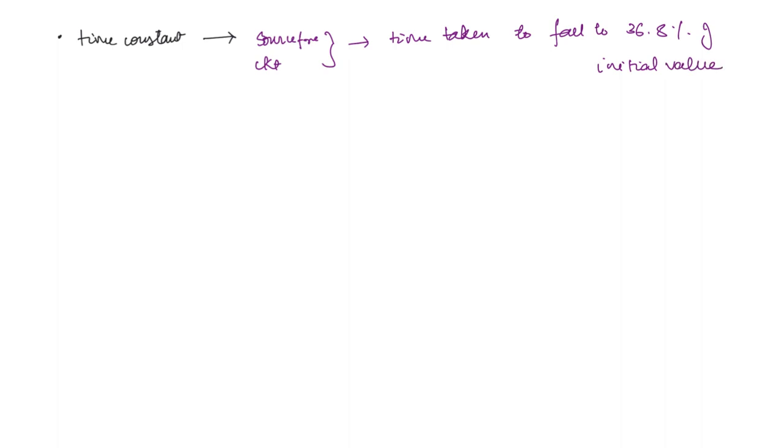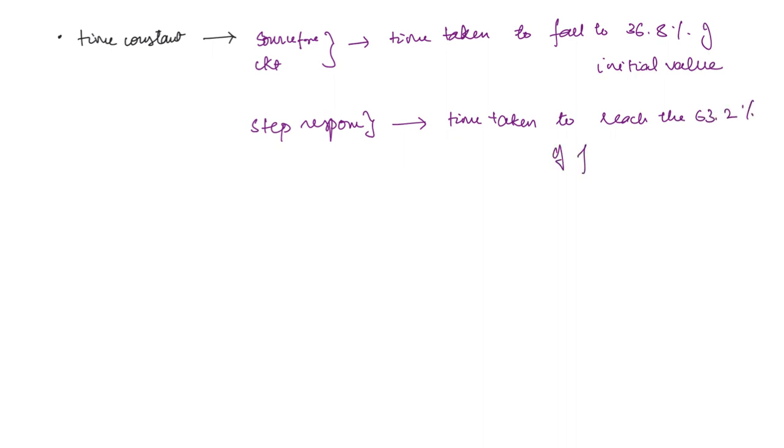Okay, but for a step response, here it is the time taken to reach the 63.2% of final value. Why is this the case? If you remember the graphs for source free circuit, it was an exponentially decaying curve.